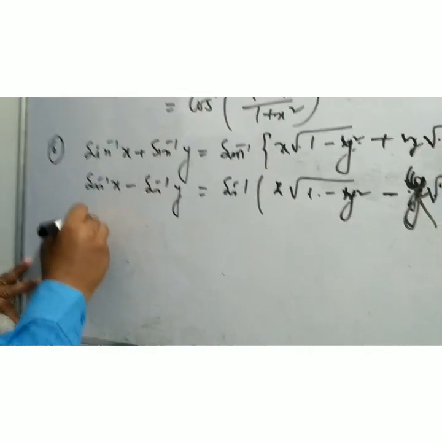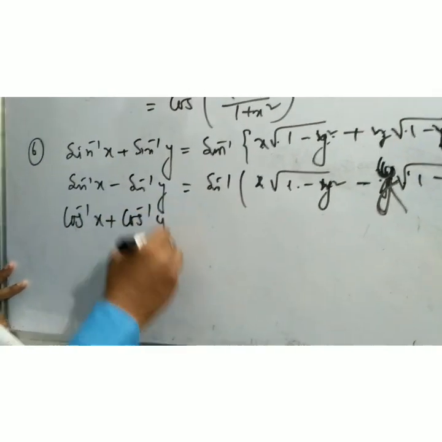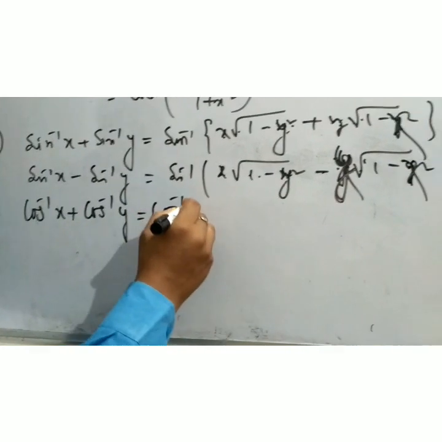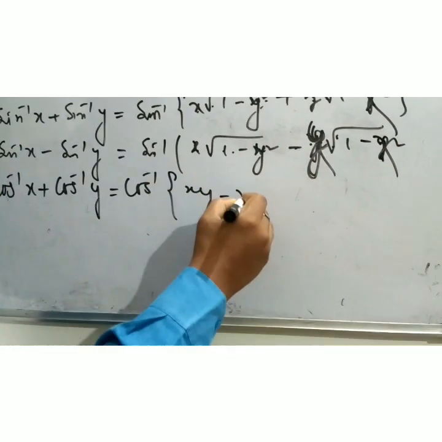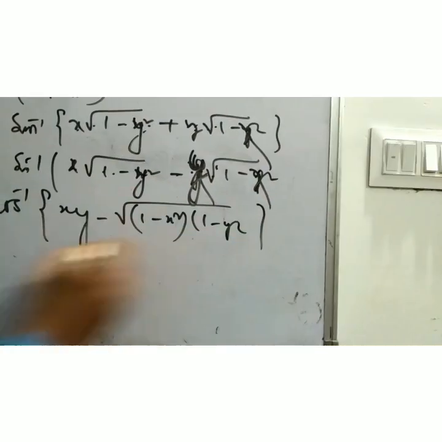Similarly, cos inverse x plus cos inverse y will be cos inverse of xy minus root over 1 minus x square into root over 1 minus y square.